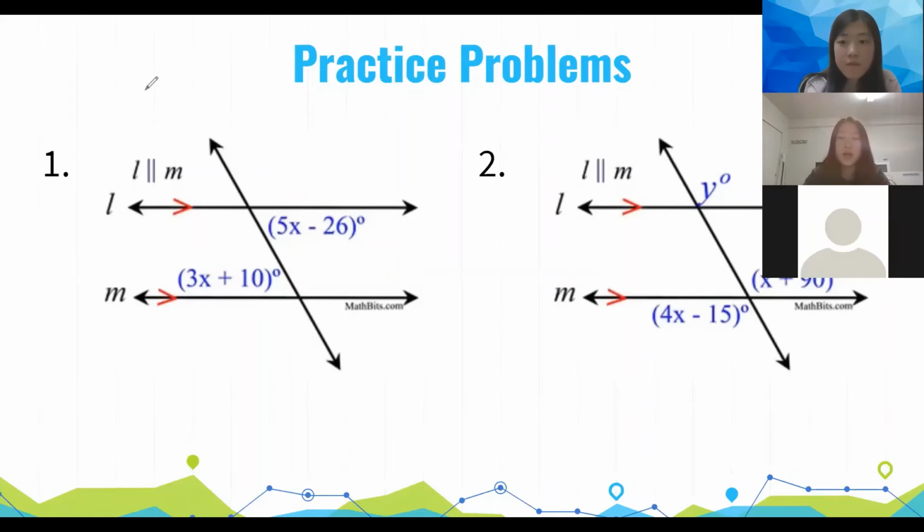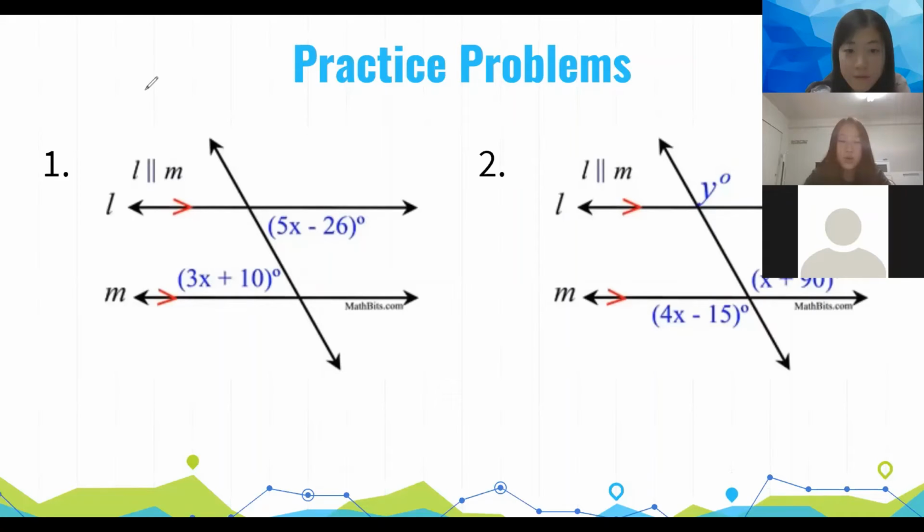If you don't have any idea, I can explain. So basically, in this situation, x plus 90 and 4x minus 15 are congruent angles because they are opposite of each other in two intersected lines. So basically, they are equal to each other.